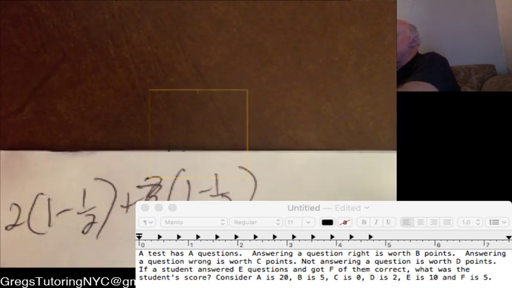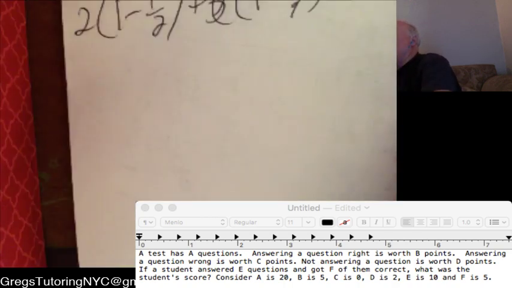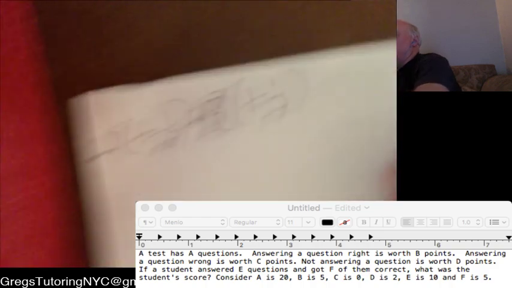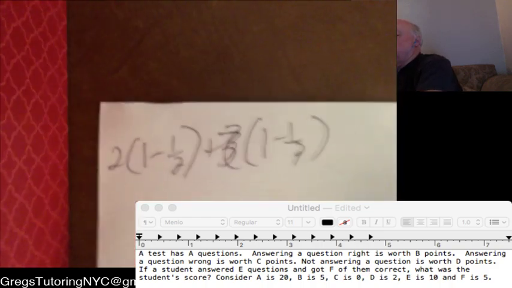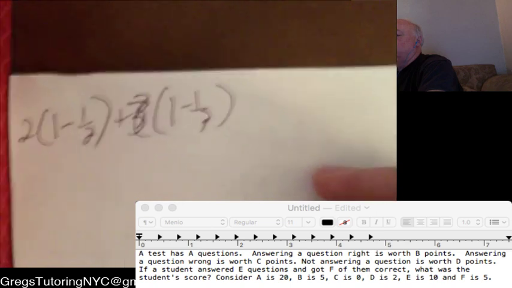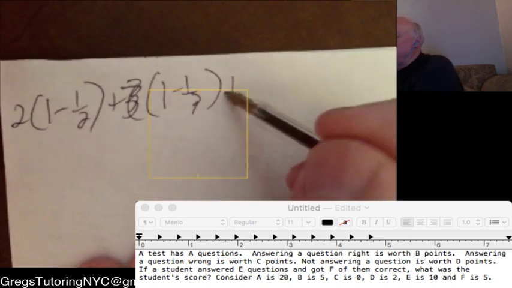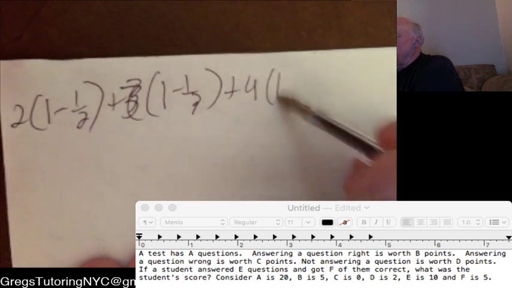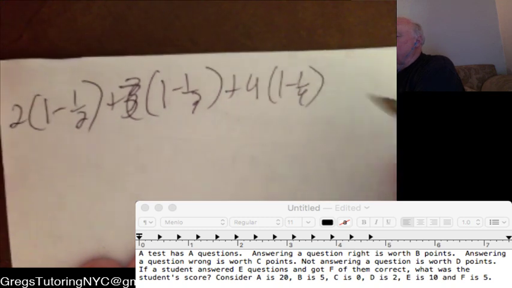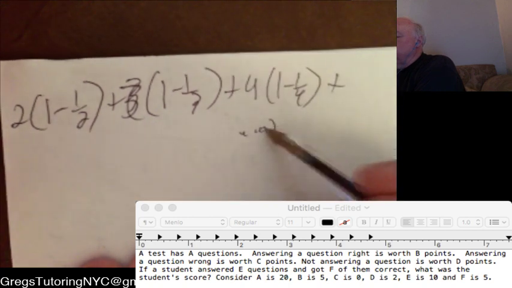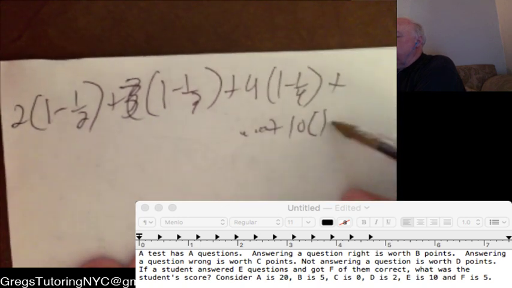Let me do this. Plus 4 times 1 minus a quarter, going up to plus 10 times 1 minus a tenth.